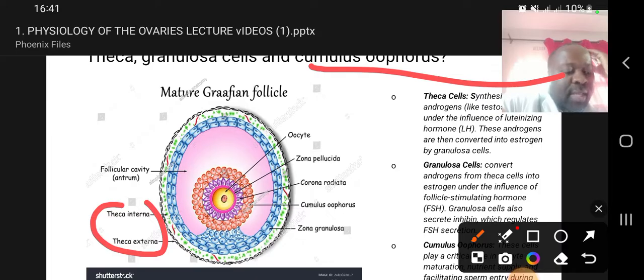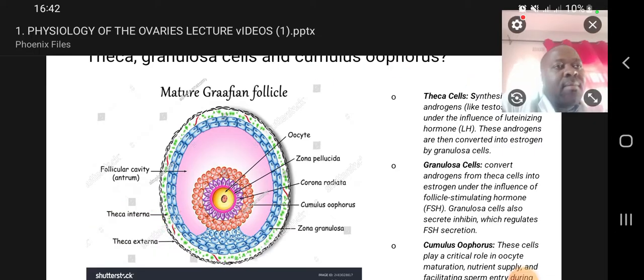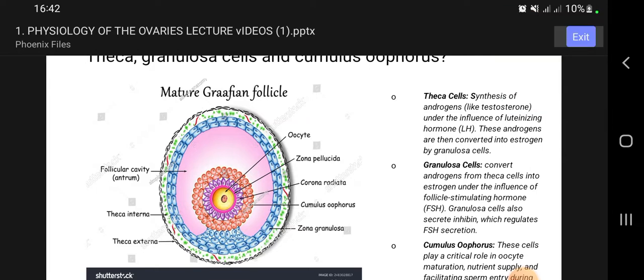These androgens are then converted into estrogen by the granulosa cells, under the influence of follicle stimulating hormone. Granulosa cells also secrete inhibin, which regulates follicle stimulating hormone secretion.